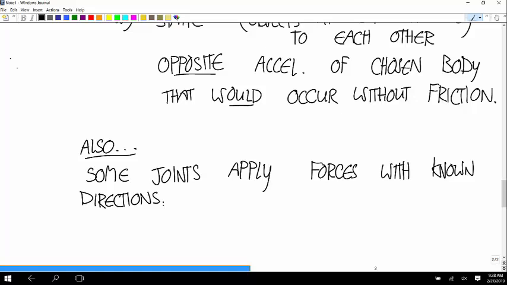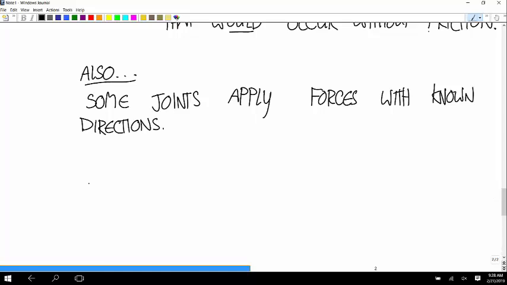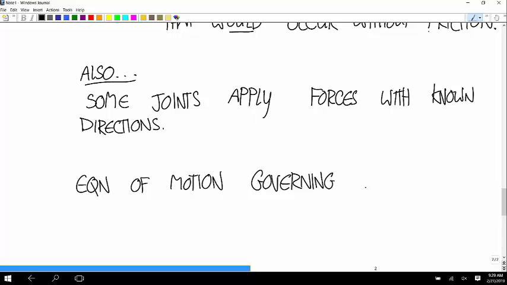Okay, so I already introduced Newton's second law, I think, right? I don't know. Let's get it in here. The key equation of motion governing particle kinetics is Newton's second law.